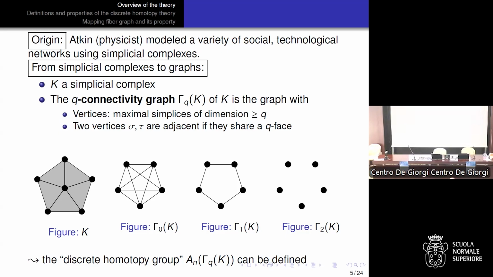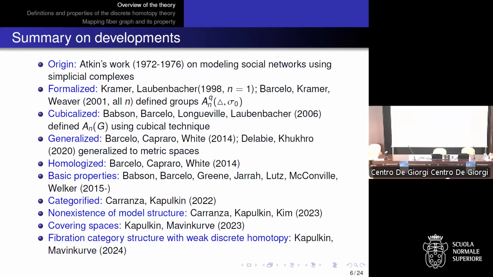This is the overview, and this is a summary of recent developments in discrete homotopy theory. The origin is Atkin's work, and then the theory was formalized by Kramer et al., Barcelo, and so on.